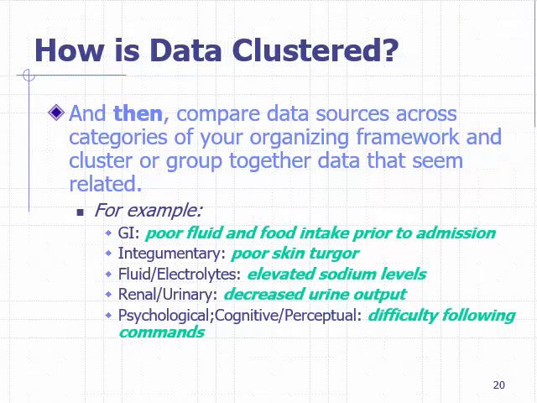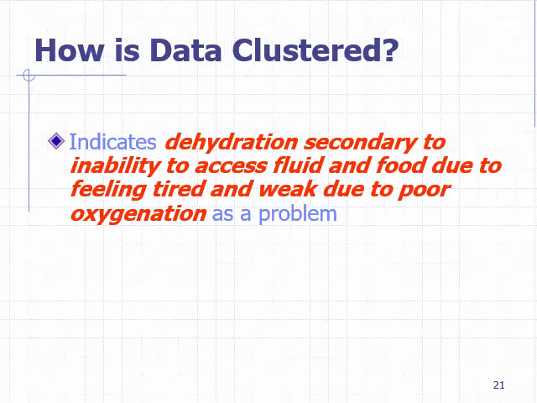Under GU, he has decreased urine output. And his psychological, he has difficulty following commands. This grouping of data indicates dehydration secondary to inability to access food and fluid due to feeling tired and weak due to poor oxygenation as a problem.